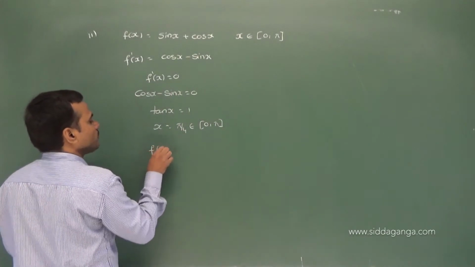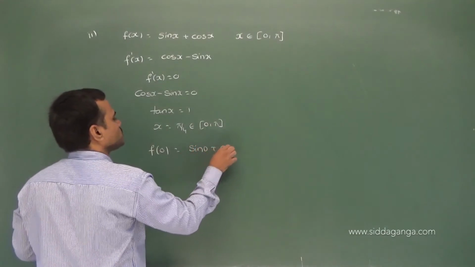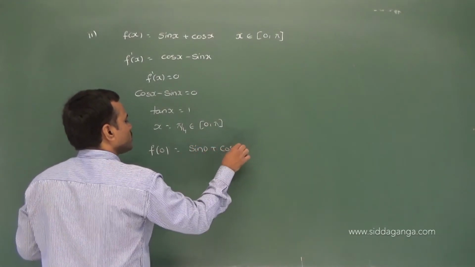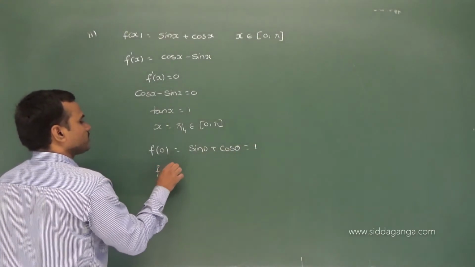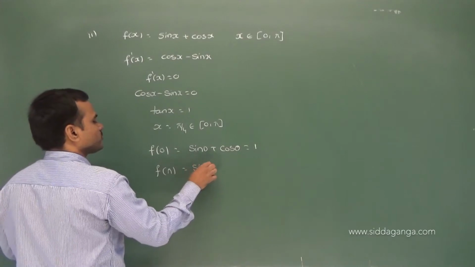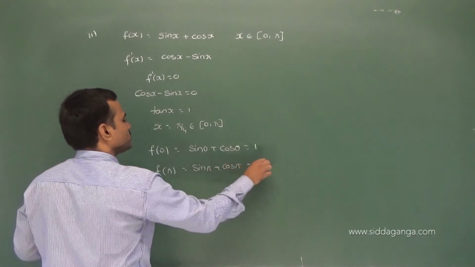Firstly, f of 0: sin 0 plus cos 0, cos 0 is 1. f of pi: sin pi plus cos pi, it is minus 1.